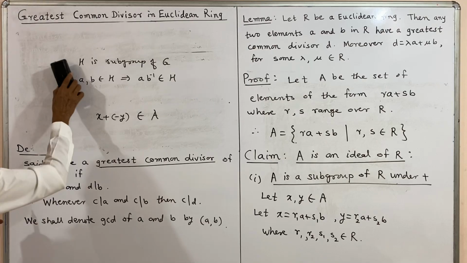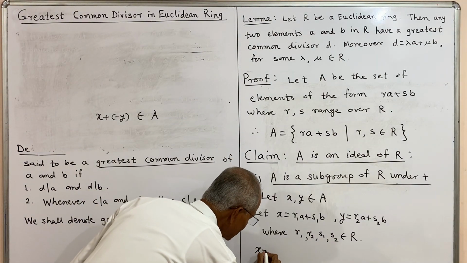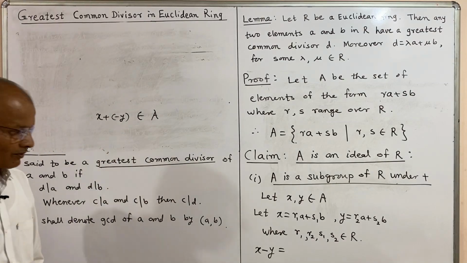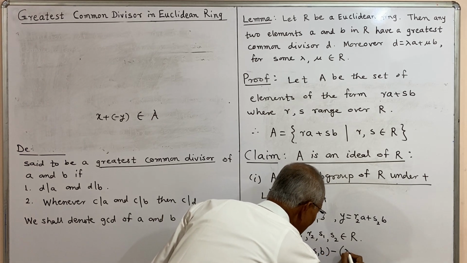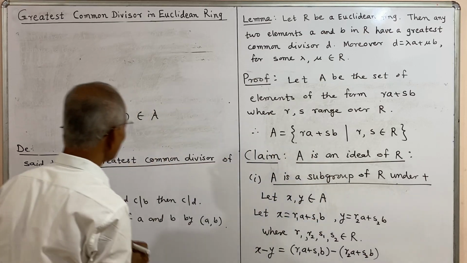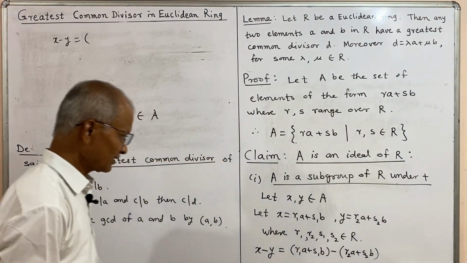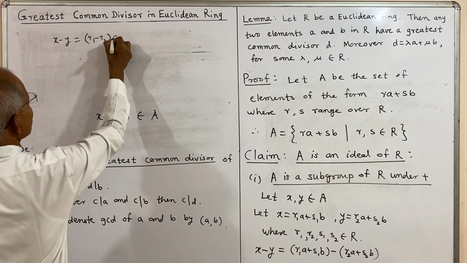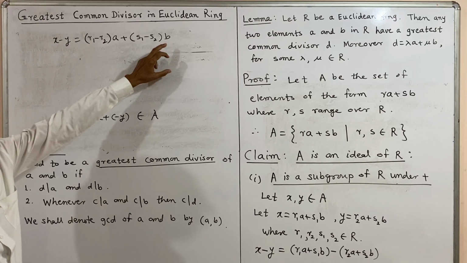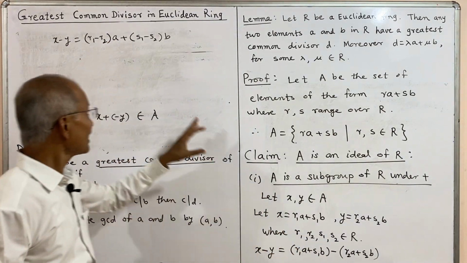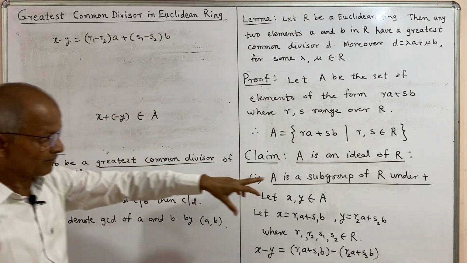Now what is X minus Y? X minus Y, or X plus negative Y, is equal to R1A plus S1B minus R2A plus S2B, and this can be written as, see how we can take these two together, R1 minus R2 times A plus S1 minus S2 times B. And certainly this is a combination of A and B. R1 minus R2 is an element of R, since R1, R2 are elements of R and it is a group under addition.